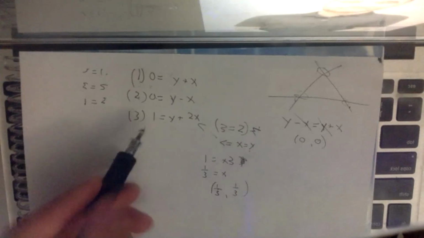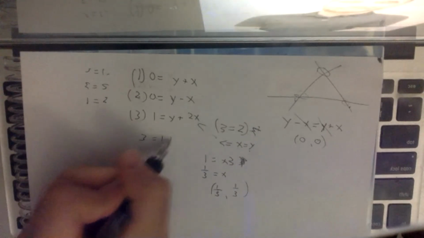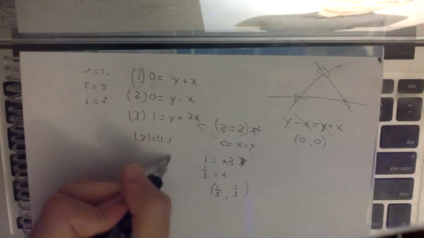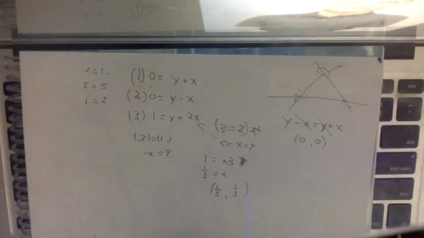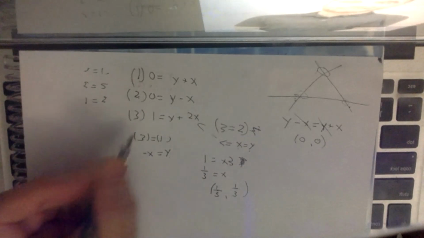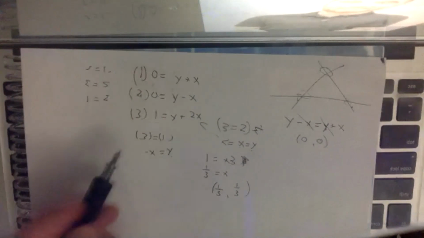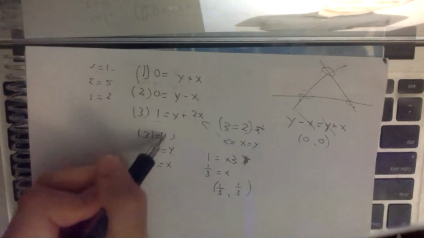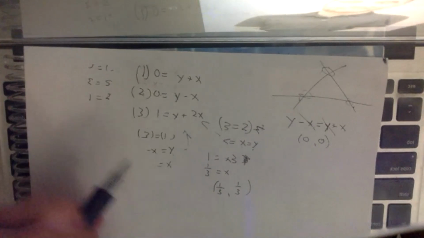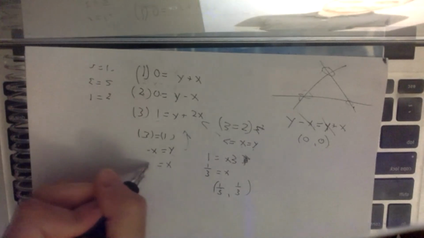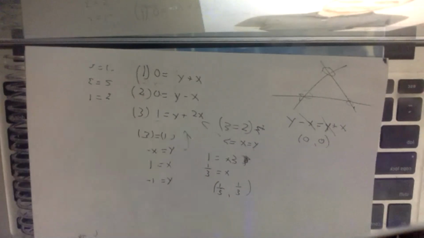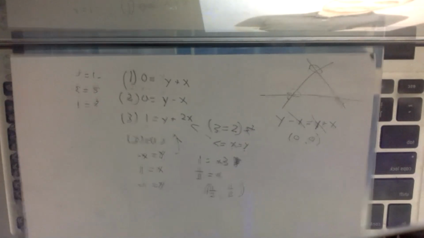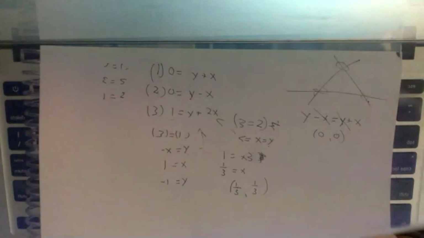The last one is where 1 equals 3. So y is going to equal negative x. Substitute that in, and x equals 1, y equals negative 1. And that should be like A or B or something. It's A. Yep, and that's how you find your answer.